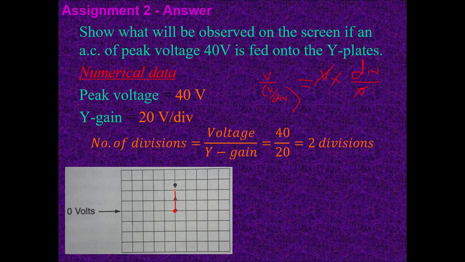Now we have to note where the 0 level is. The 0 level is here, so it shall move 2 divisions up to here, and it shall go back and move in the opposite direction 2 divisions down. So you shall observe a vertical line of 4 divisions, only that the amplitude is simply 2 divisions. I believe you can notice that.